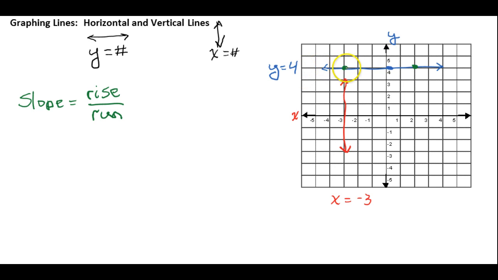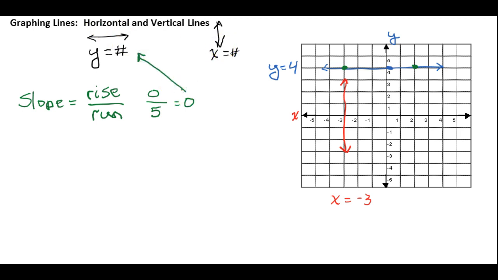So here we don't go up. In other words, it's 0 over, and then our run is however far we go. In this case, these 2 points that I have marked are 5 apart, 1, 2, 3, 4, 5. So my rise is 0, my run is 5, and 0 divided by 5 is 0. So horizontal lines have 0 slope.